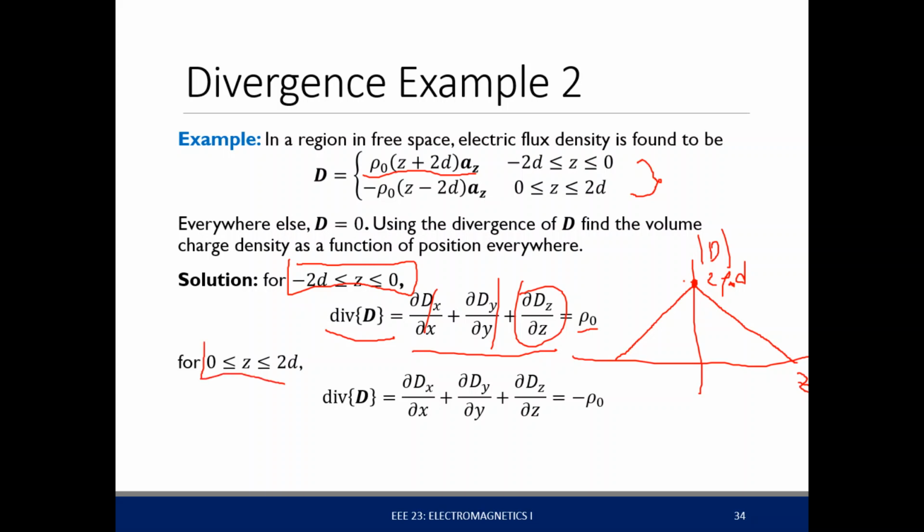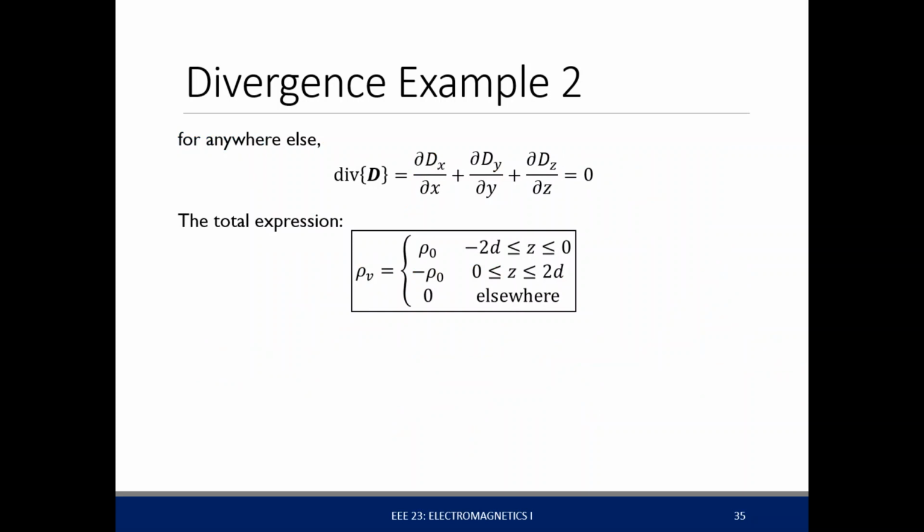Similarly, in this region, take the derivative, it's negative rho naught. Again, there's no x and y component. Finally, anywhere else, since the expression is 0, you'll be left with 0.